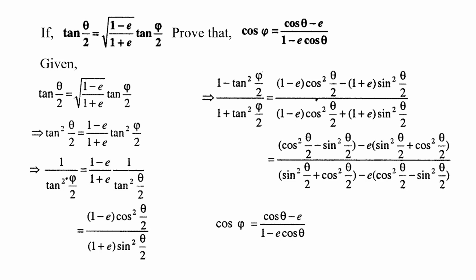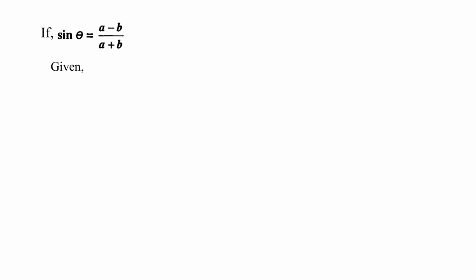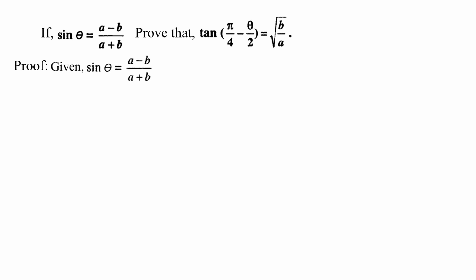Now the last problem. If sin theta equal to a minus b by a plus b, prove that tan pi by 4 minus theta by 2 equal to root b by a. Proof. Given sin theta equal to a minus b by a plus b.